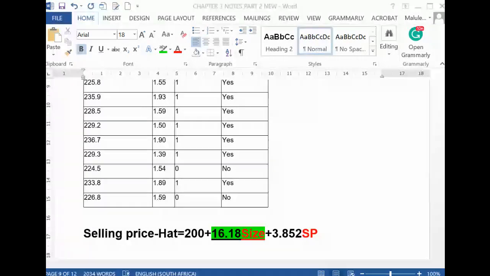Yes, it's in dollars, please. It's in dollars. No, you mean what? The size? The size is in 1,000 square feet, like that last example. Anyone want to try, please?